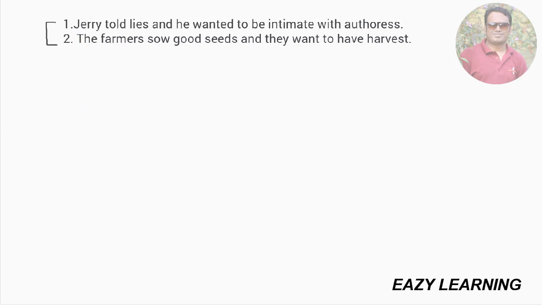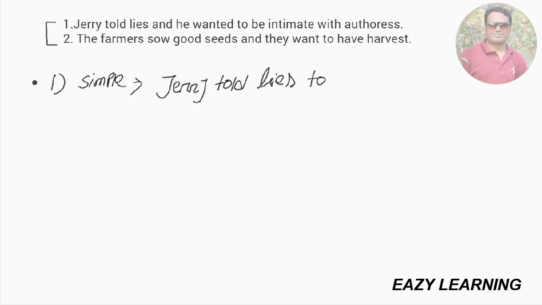So how will you change it to a simple sentence? For question number 1, if I change it to a simple sentence, I have to write: Jerry told lies to be intimate with authors.